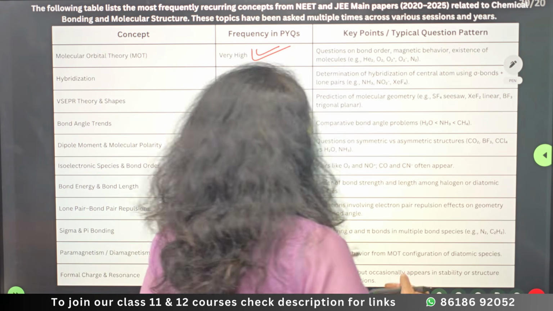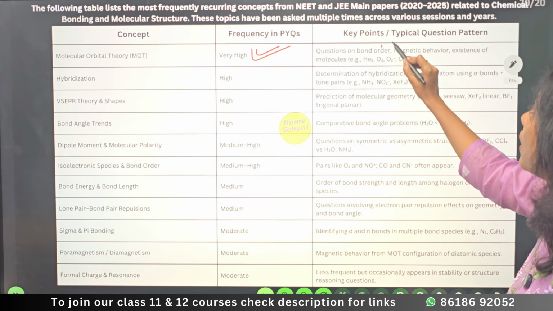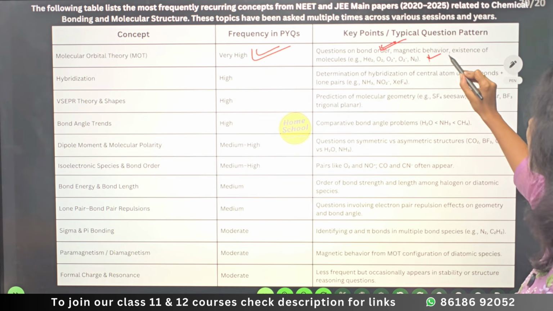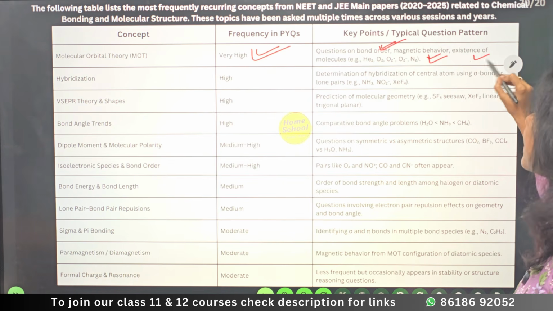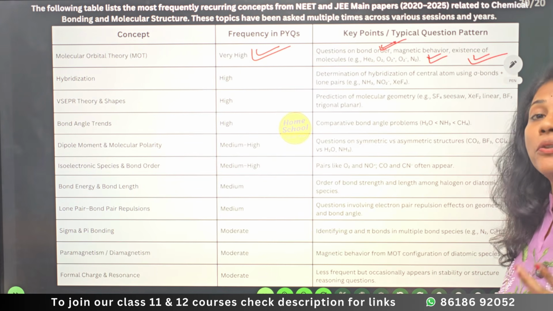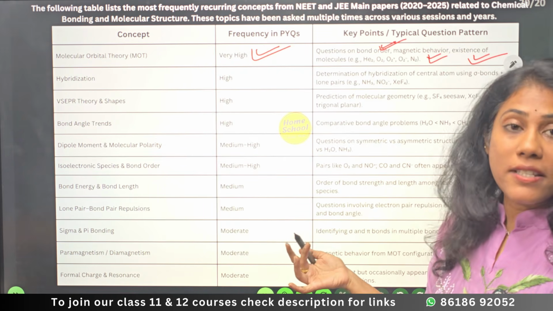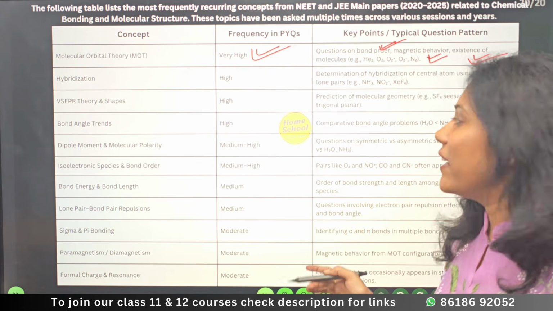And what kind of questions will you observe? Questions on bond order are very common. Questions on magnetic behavior. Questions on existence of molecules, like in the previous video I have solved which of the molecules exist and which do not exist. Bond order related concept questions were all very, very common.